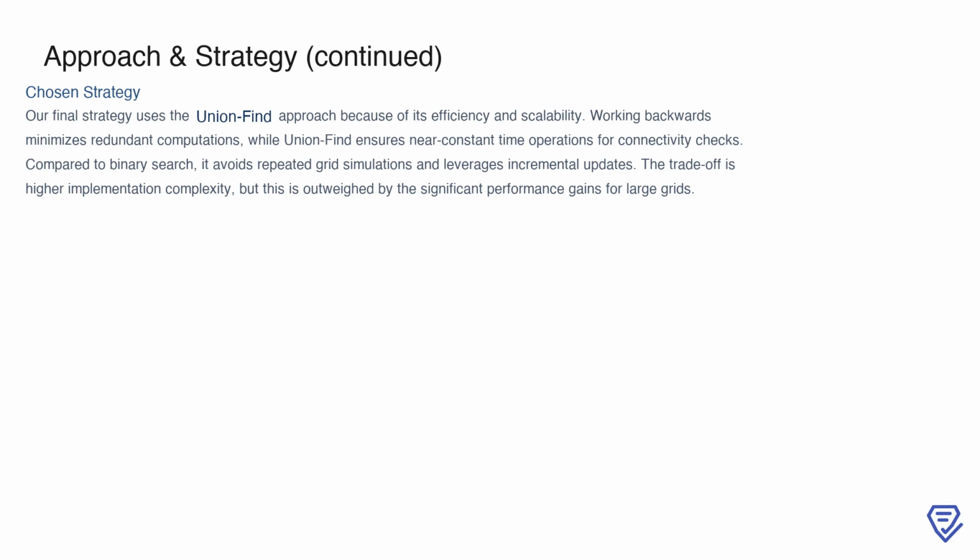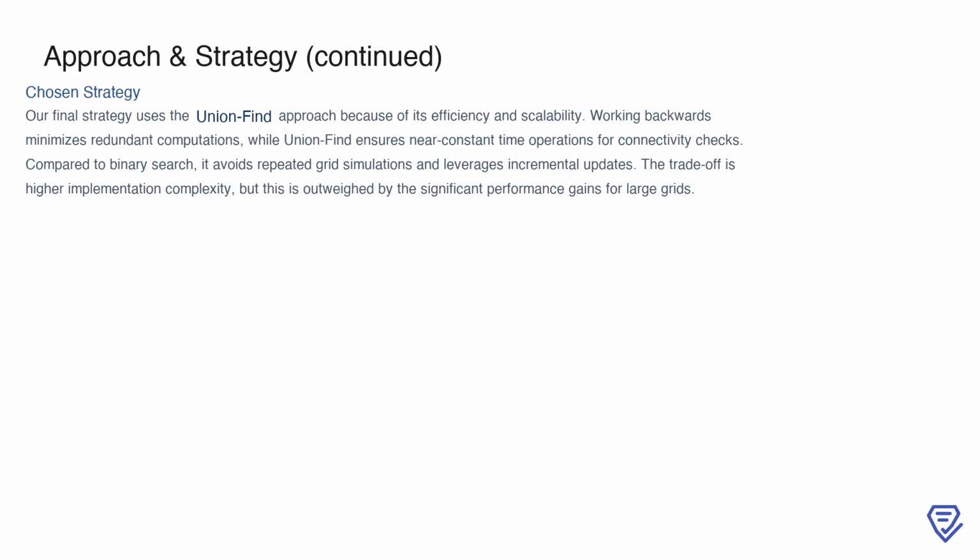Ultimately, the strategy we chose to implement is the union find approach because of its superior efficiency and scalability. By working backwards, we minimize redundant computations, focusing only on relevant updates to the grid. The union find data structure allows us to perform connectivity checks and merges with near constant time complexity, making it well suited for large inputs.